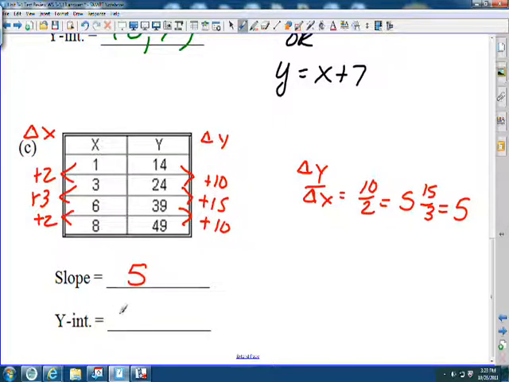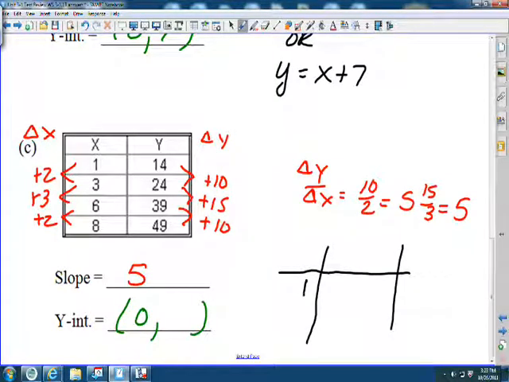Now my y-intercept is 0 and a number. Now in my table this time I didn't get that lucky, so I'm going to have to figure out what it is. So I'll use the point 1 and 14. I put 5 in there. So 5 times 1 is 5. What do you have to do to 5 to get to 14? You have to add 9. So right here, my y-intercept is 0, 9.